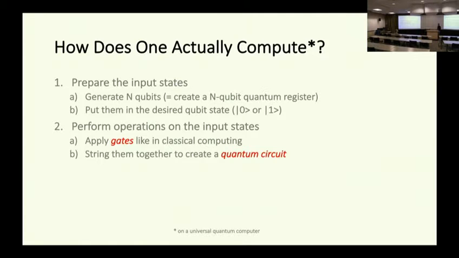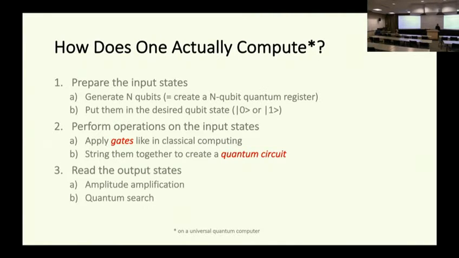You create gates, which is basically how you do classical computing, with all the NOT and other gates. You create those in quantum computing as well, and string them together to create quantum circuits. They're not circuits in terms of wires, but a sequence of operations that creates a circuit. Then you read the output states using techniques like amplitude amplification, quantum search, and hardware methods like fluorescence.